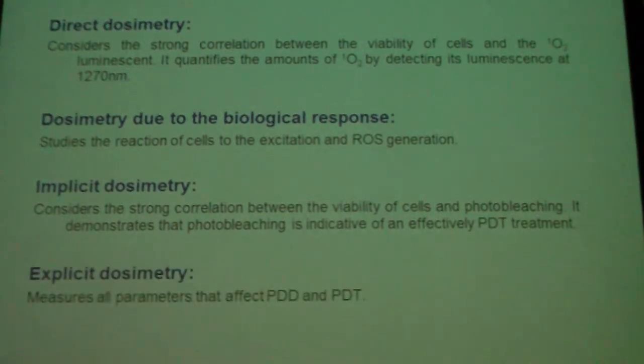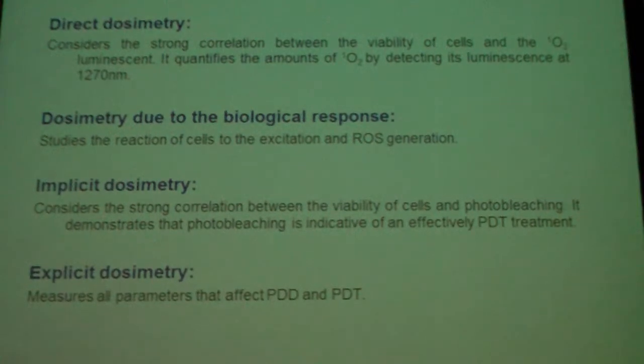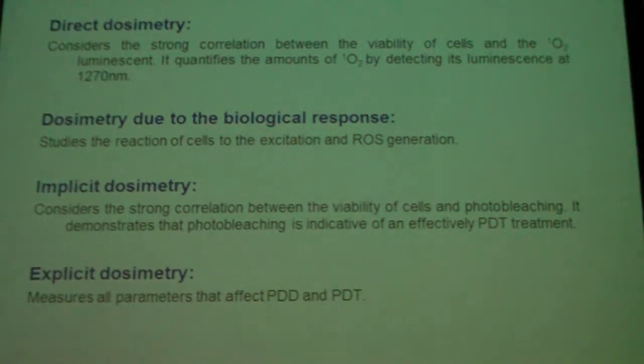The fourth one is explicit dosimetry. They consider all the parameters which can affect the photodynamic reaction, like light intensity and exposure time. Now the question is, what exactly is explicit dosimetry? Explicit dosimetry refers to the use of all measurable quantities.